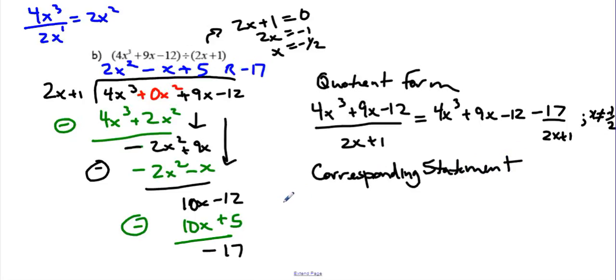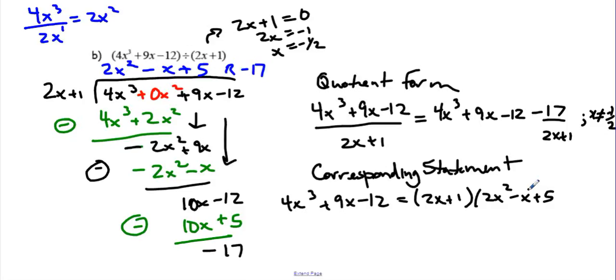Take your polynomial, 4x cubed plus 9x minus 12, and that's going to equal your divisor, 2x plus 1, times your quotient, 2x squared minus x plus 5, plus my remainder.